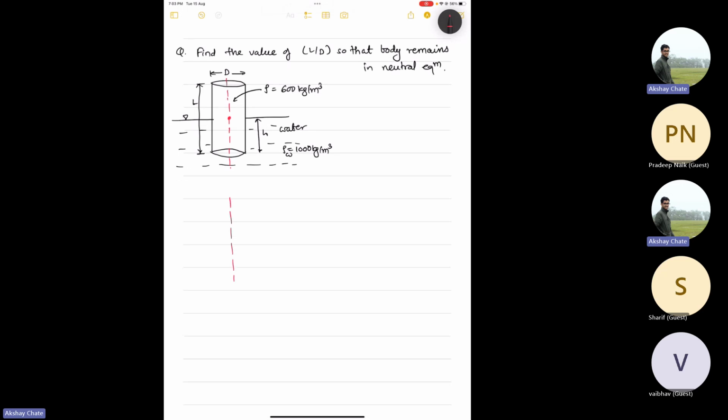So this is the central axis, and let's say the body started from here, and let's say this is the end point of the body. I don't know why I'm using the same color. Anyway, so like this.